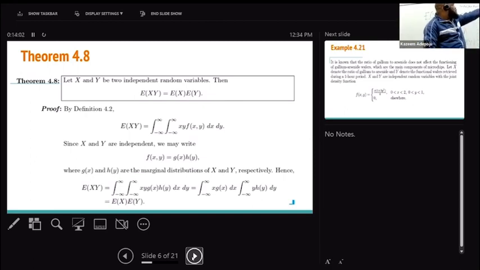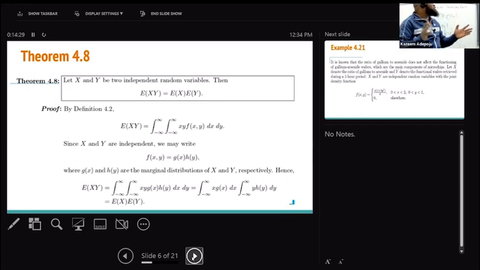Now, Definition 4.2 is how to figure out the expected value of XY when X and Y are continuous. That is exactly what I'm showing. What I'm proving here is that when X and Y are independent, we can actually separate the integrals.